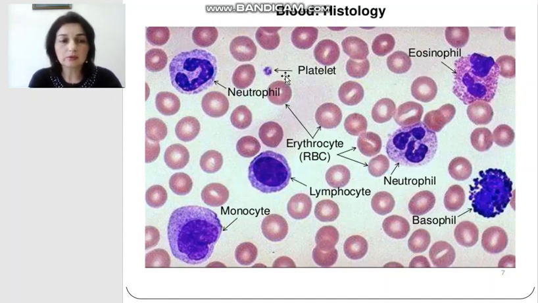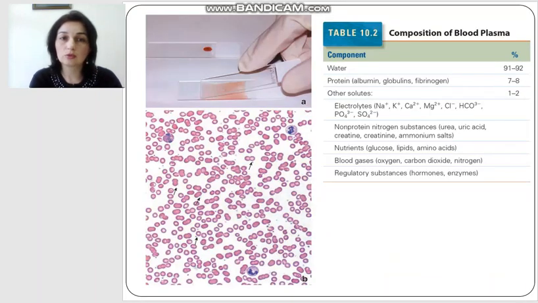If we want to look at the blood under the microscope for microscopic examination, we prepare a smear of blood by smearing a droplet of blood on the glass slide. Then we perform its air drying. Then we have to color it by specific staining methods.